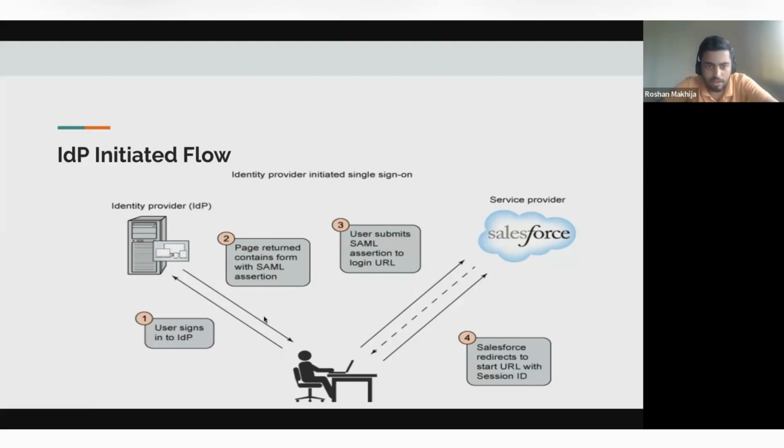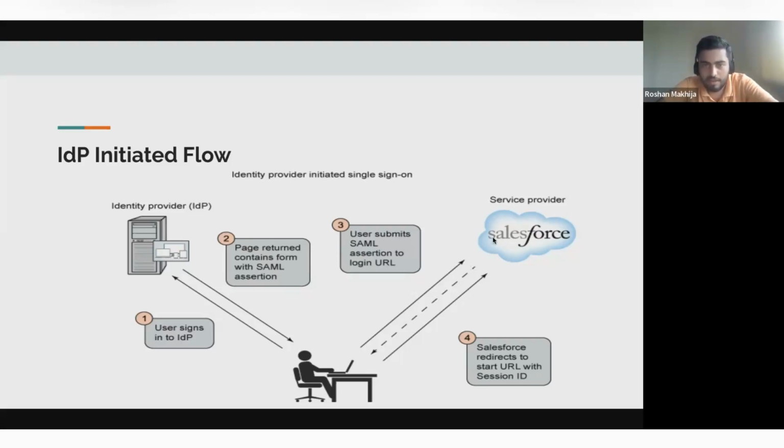So the user clicks on the app in Salesforce. At the back end, in the browser, the SSO process is started, which creates a SAML assertion and is sent to the connected app that you would be using.